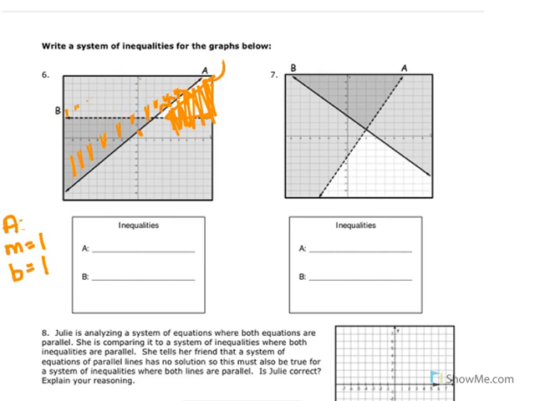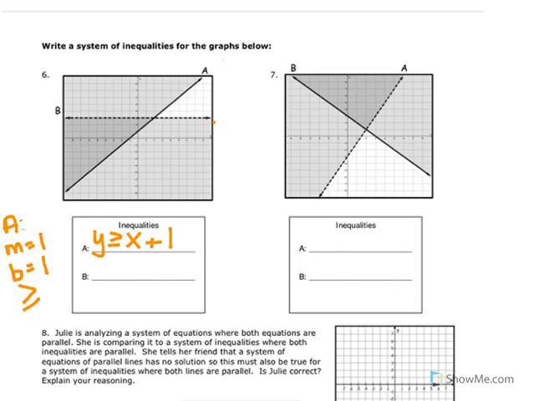Okay, so we can tell that the shade is above the line. So if it's above the line, it needs to have a greater than sign. And it's a solid line, so it's going to be greater than or equal to. So we can go ahead and write our inequality. y is greater than or equal to 1x, and we'll just put the x like that, plus 1.